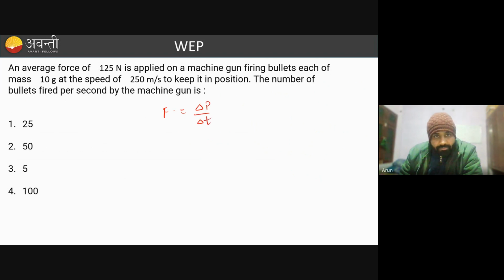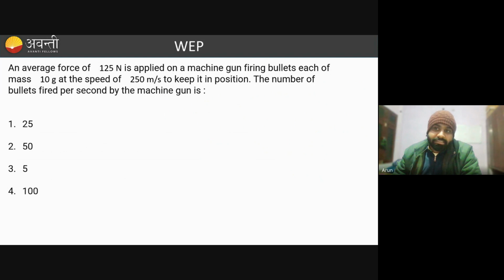So if we are able to calculate the change in momentum for 1 second that is imparted by the bullets, then we are able to calculate the number of bullets, because if one bullet is imparted a momentum of mv, mass of the bullet times velocity of the bullet, then 100 bullets will impart a momentum of 100 mv. So we will assume that the gun fires n bullets per second. So in 1 second, the number of bullets fired is n.